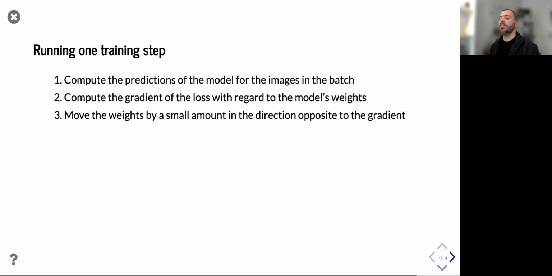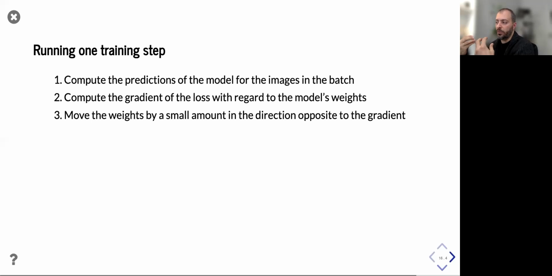Let's see what will happen in the train loop. So we have defined the model, we have defined the generator for the data. Now we have to define what was feed, if you remember. What we want to do is to compute the predictions of the model for the batch, the images in the batch. When we have these predictions, this y-pred, we want to compute the gradient of the loss.